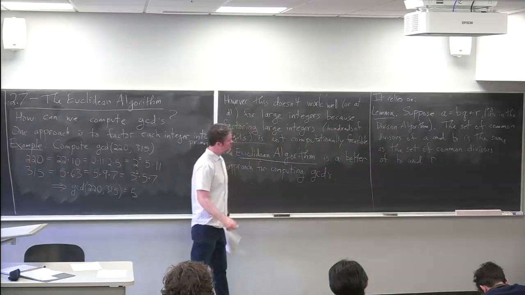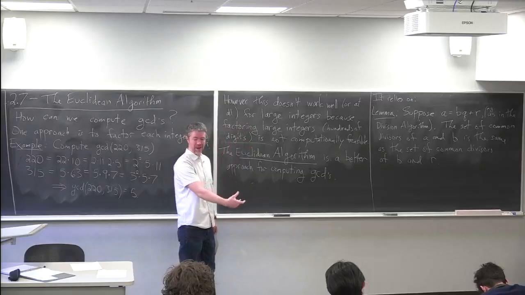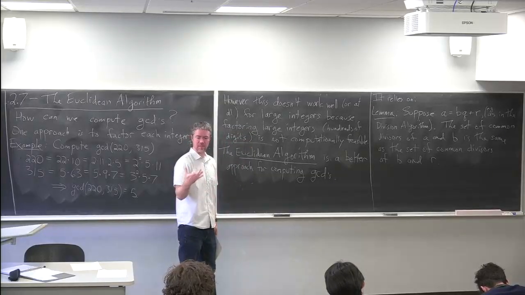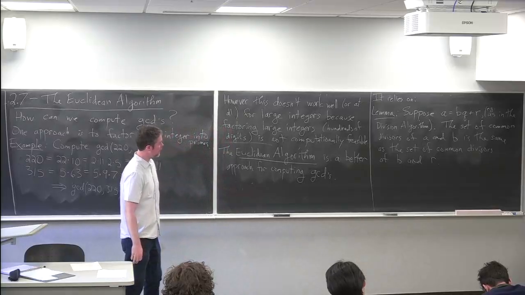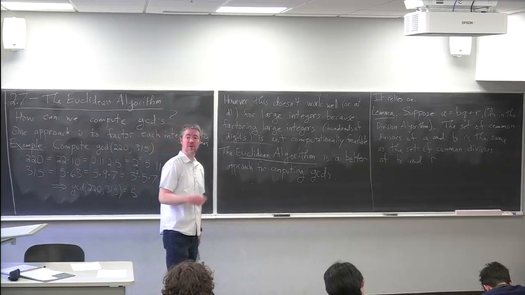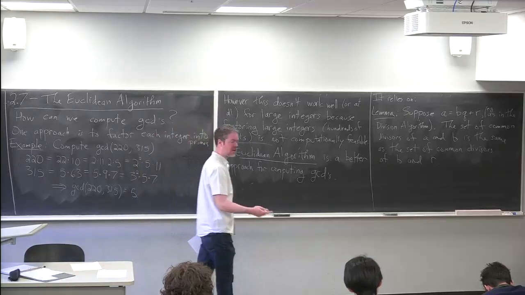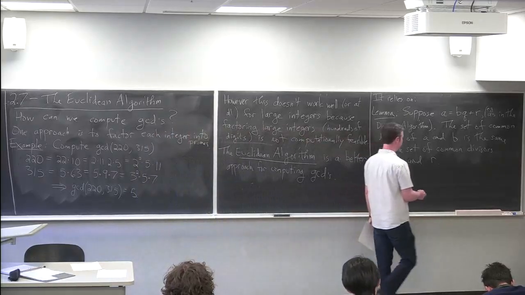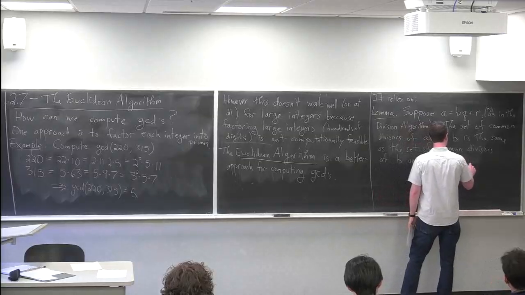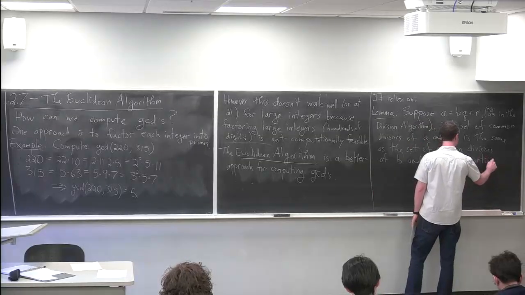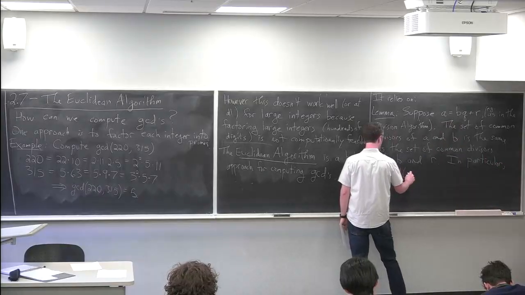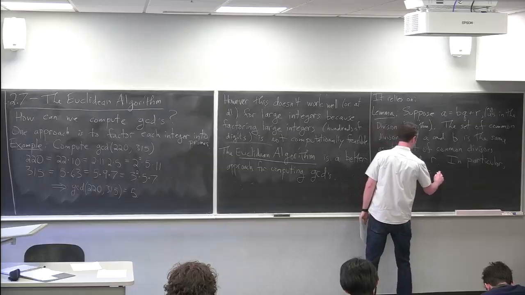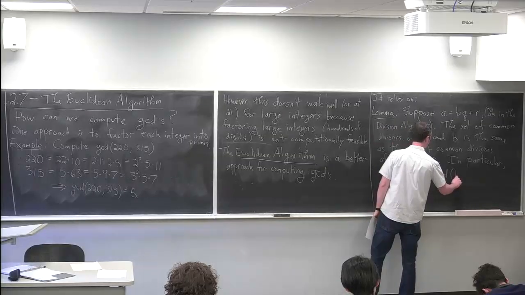So if we're talking about two different pairs of integers, the pair A, B and the pair B, R, those pairs have the same set of common divisors. In particular, they would have the same greatest common divisor, and that's really the thing we care about here. So it would follow that the GCD of A with B is the same as the GCD of B with R.